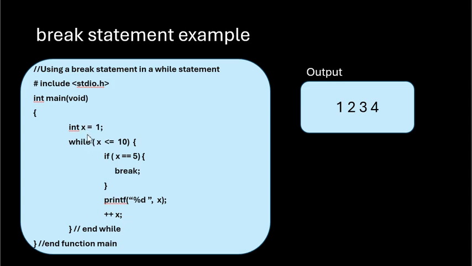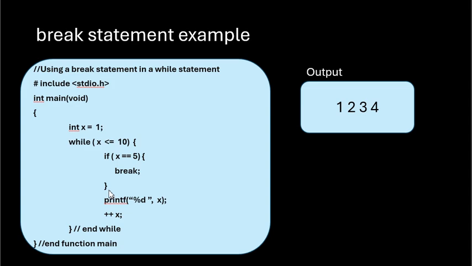First x equals to 1. As 1 is not equals to 5, we can print the x, that means 1. Then we increase the x, then that is 2. We check whether 2 is less than or equals to 10, yes. Then we check whether 2 is equals to 5, no. Then we can print number 2.